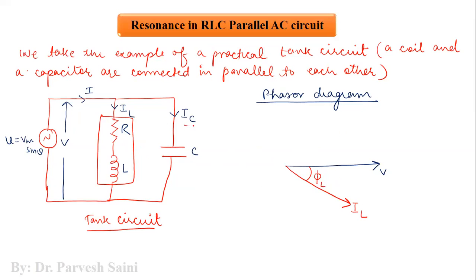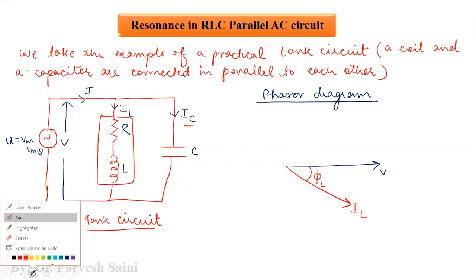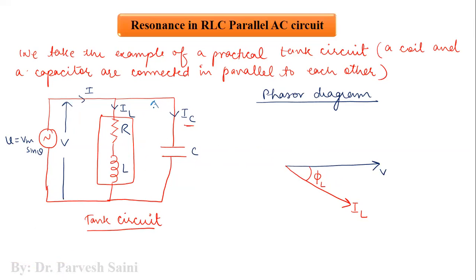And when this current IC flows in this capacitor, which is also having the same voltage V across it, because this is a parallel circuit, we will draw its phasor like this. Because we know that in a capacitor, the current leads the voltage by 90 degrees, right? So this is 90 degrees.